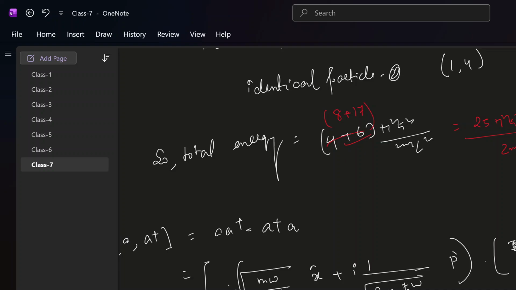Okay, so first of all, I think we are stretching it more than required, so let us redo it. We have to check whether the commutator of a and a dagger is equal to some relation.